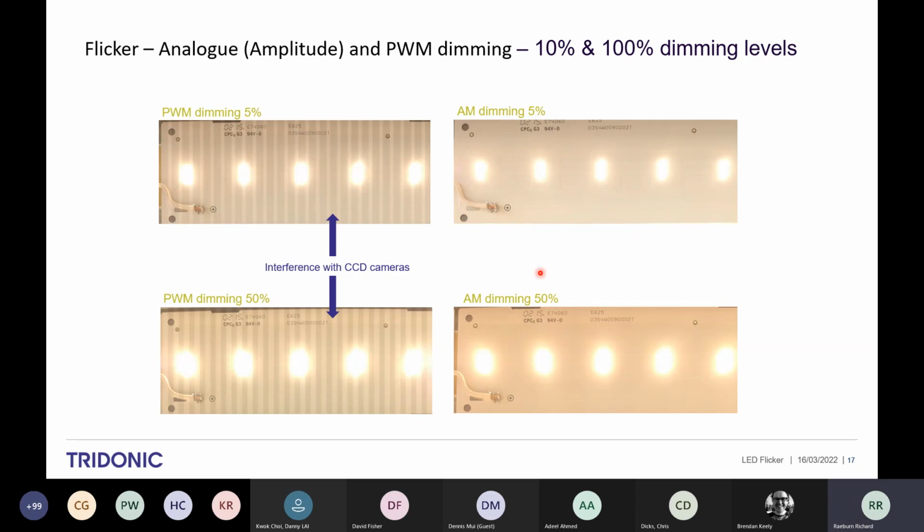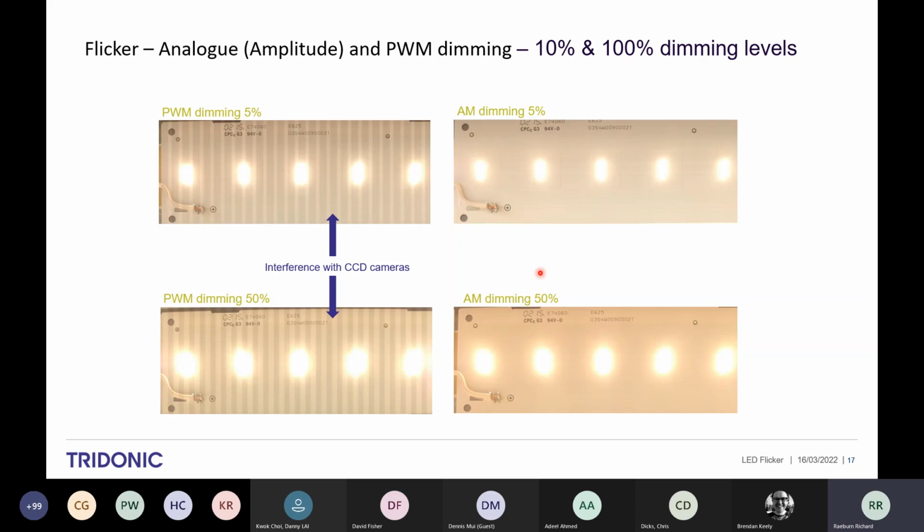One of the things that you shouldn't do, and we get this quite a lot, or we used to get it quite a lot, is people sending us videos that they've taken on their mobile phones, showing how bad their lights are flickering. And yes, they are.